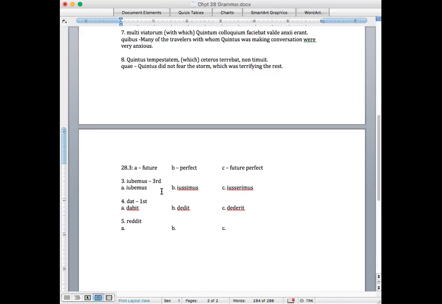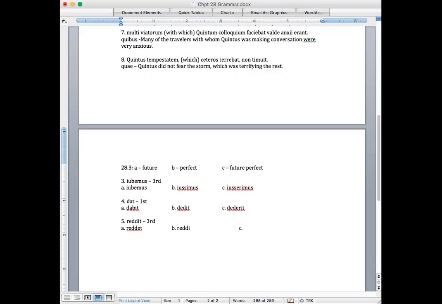Let's look up this verb. What conjugation is it? It is third again. Not cool. Okay. So to make it future, I'm going to change that I to an E. To make it perfect, I'm going to look at that third principal part, which is reddidi.